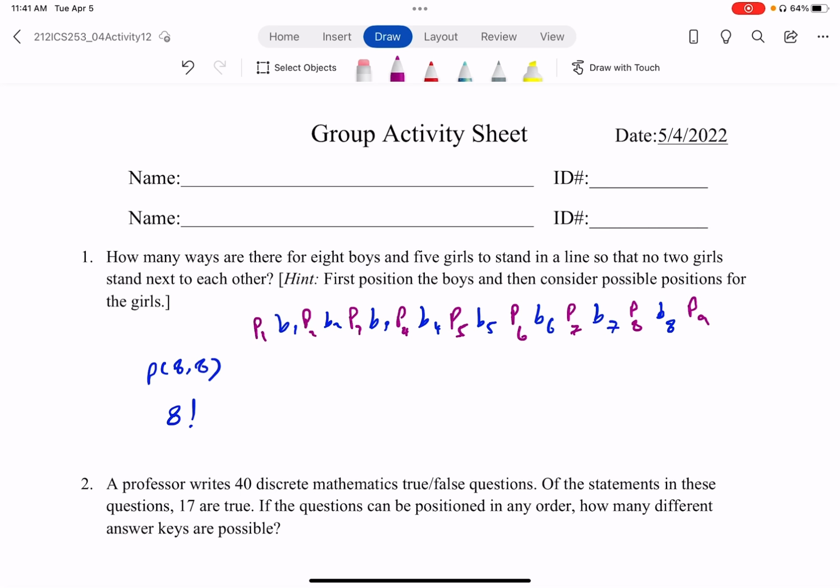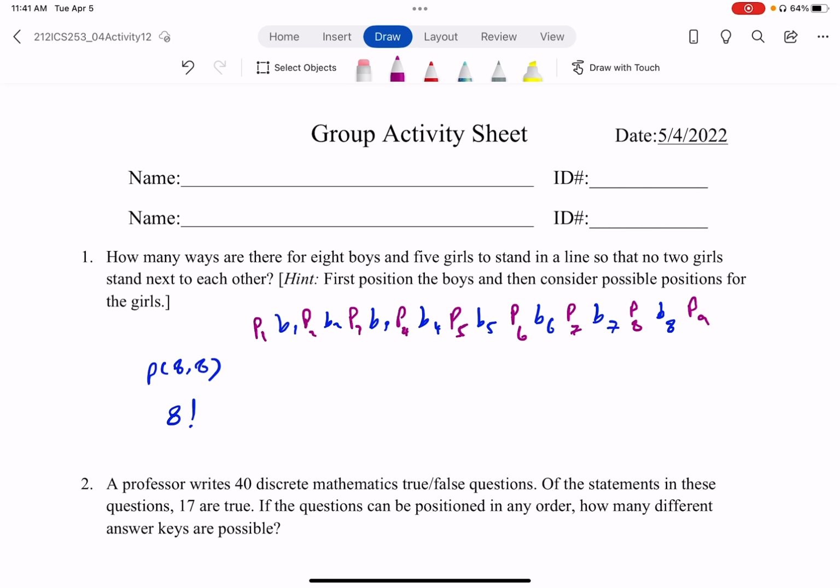And I need to place 5 girls, right? In how many different ways can I place 5 girls among these 9 positions? P9, 5, right? And in both cases, order matters. Here we're assuming that we do not have identical twins.